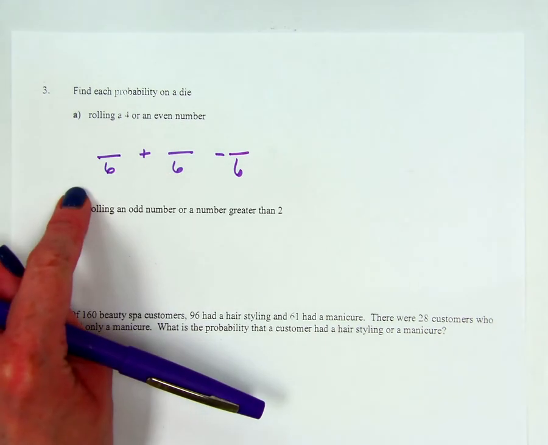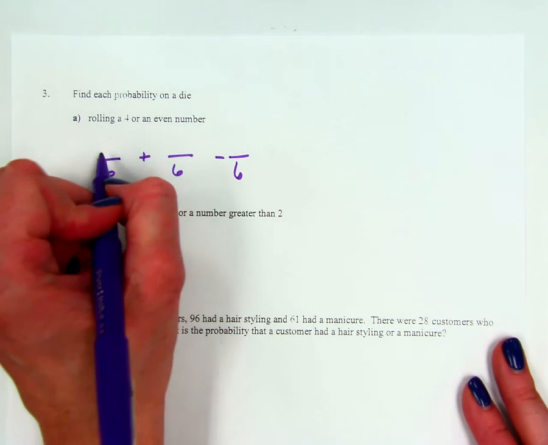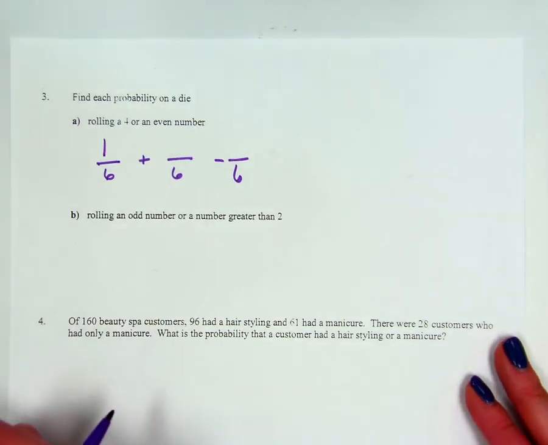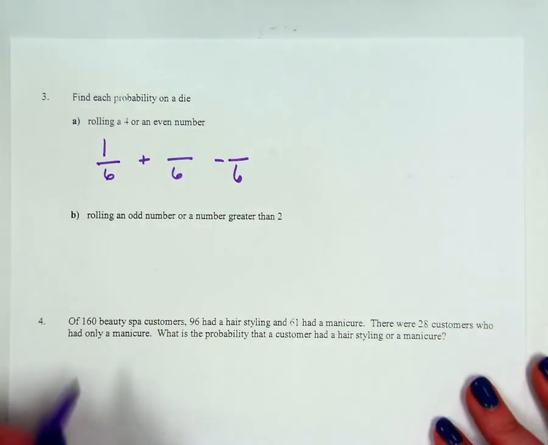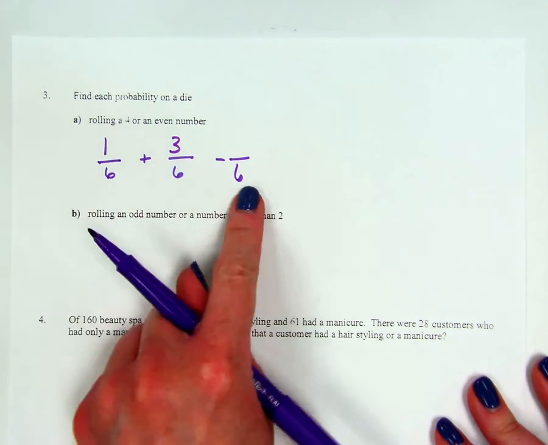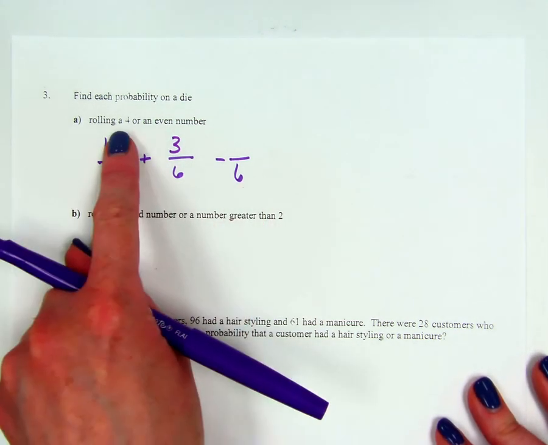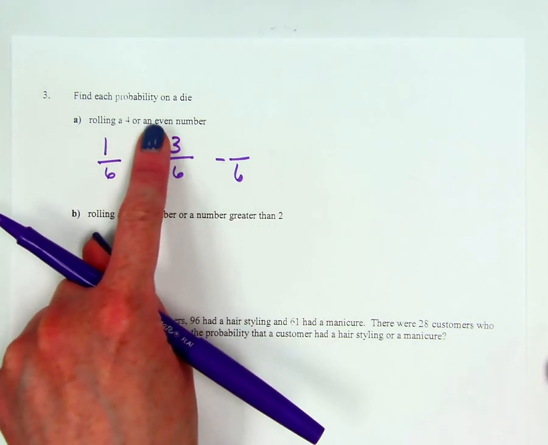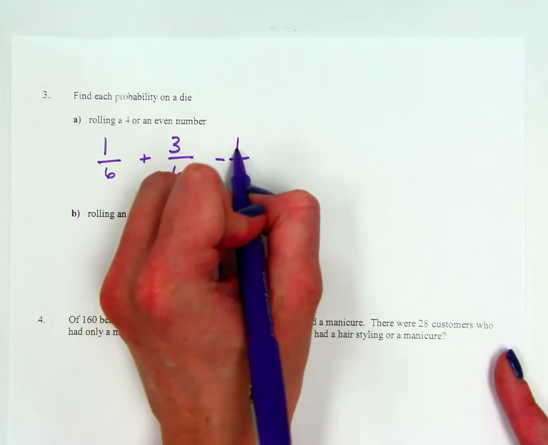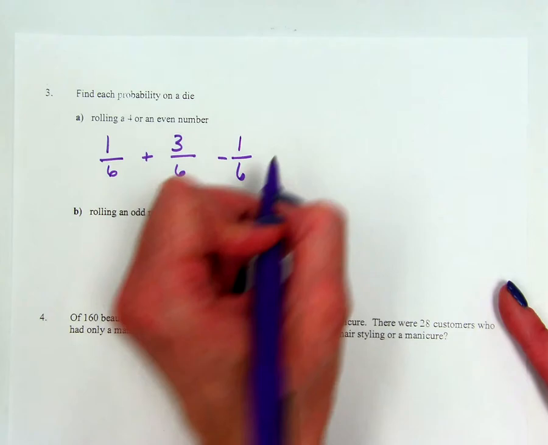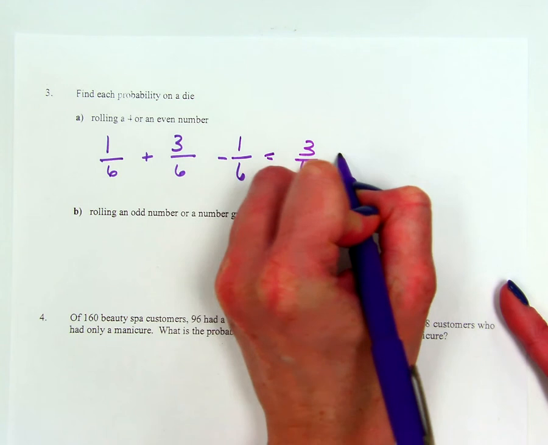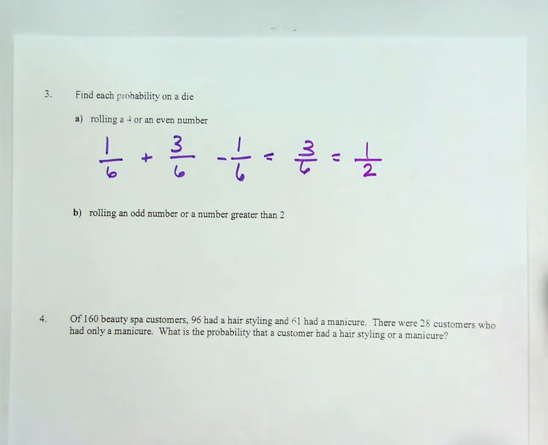Rolling a 4, only one out of the 6 is going to be a 4. Even numbers on our die are 2, 4, and 6, so that's 3 options. And then the probability of both rolling a 4 and an even number: a 4 is an even number, so that's 1 of 6. That gives us 3/6, which is going to reduce down to 1/2.